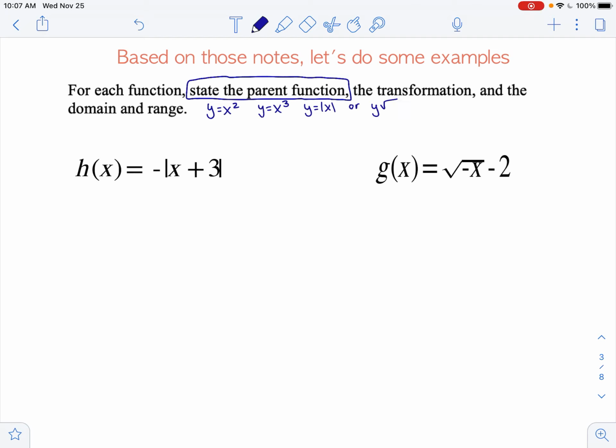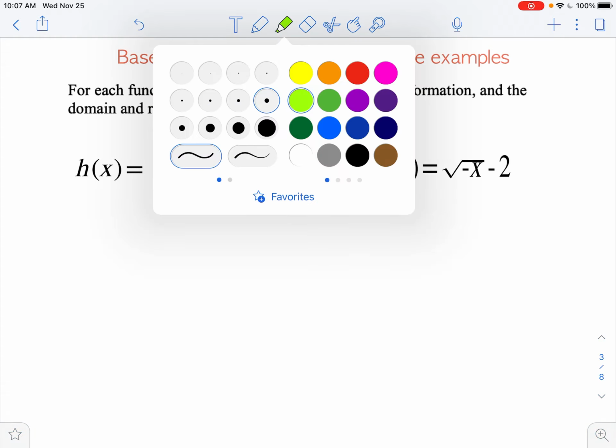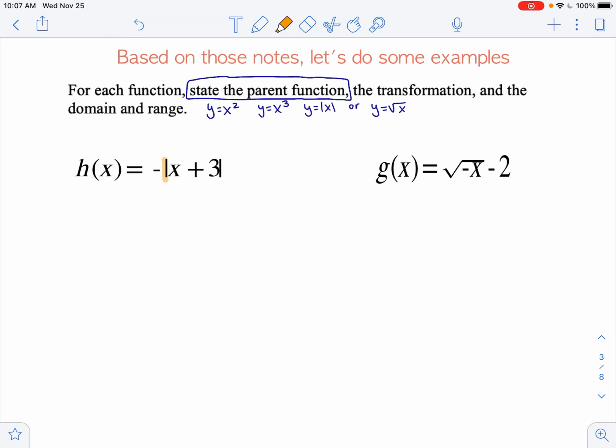We also have linear, but we don't deal with that too often. So you just recognize the parent functions based on the symbols. So here in this first example, I have absolute value bars. So that is going to tell me that my parent function is the absolute value function.